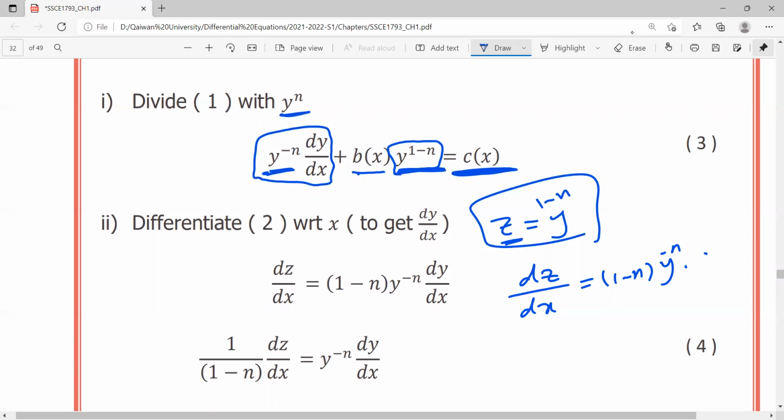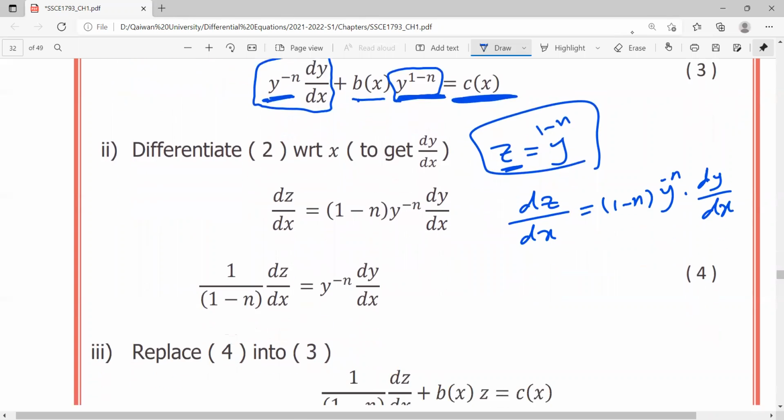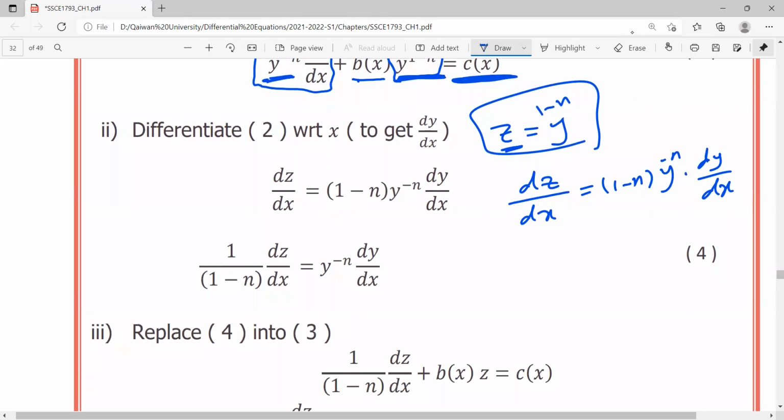Y prime is dy by dx. And here we divide both sides by this coefficient, only the number. We get 1 over 1 minus n times dz by dx equals y to the power minus n dy by dx.